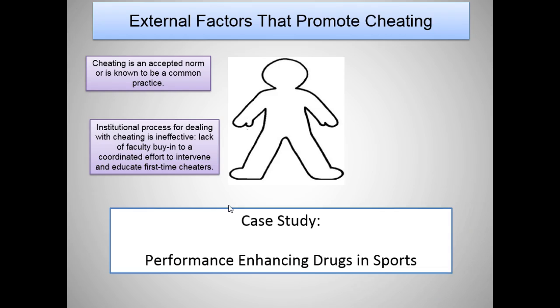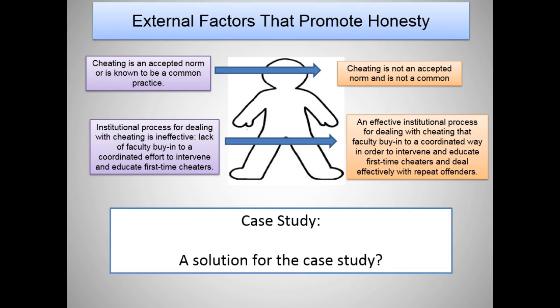And when there's no process for catching cheaters, when there's no buy-in, when we're not actually caring that much, there's not a coordinated effort, when people aren't getting caught, well, they're likely to cheat, or more likely to cheat. So what do we want? Well, we want to make sure cheating is not an accepted norm, or is not thought of as an accepted norm, and we want to have an effective institutional process.